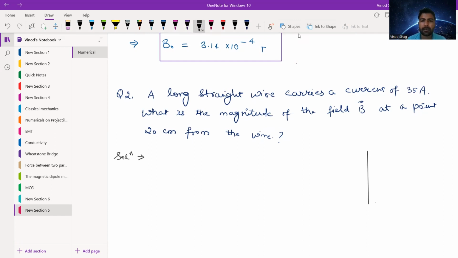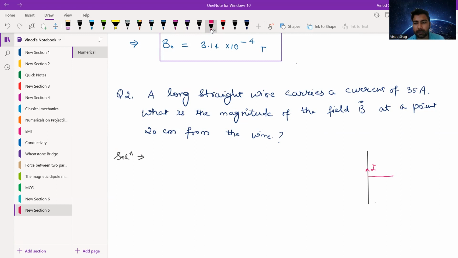Let's say for our example, in this question they have not mentioned the direction of current, nor on which side, left or right, we have to take the 20 centimeters. So as per our assumption, I'm assuming that the direction of current is upward and the value of current is given as 35, and the point is here.